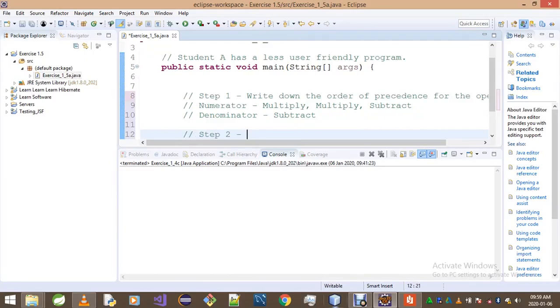Step number two, what you wanna do on step number two is to surround each two operands and an operator with brackets based on the precedence.